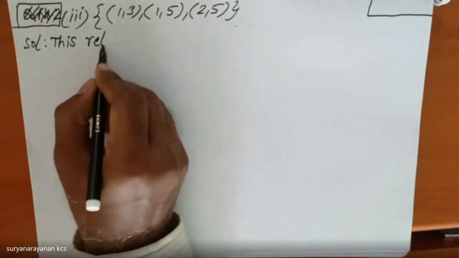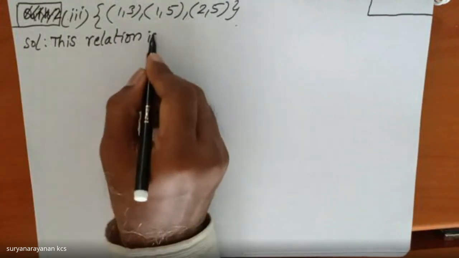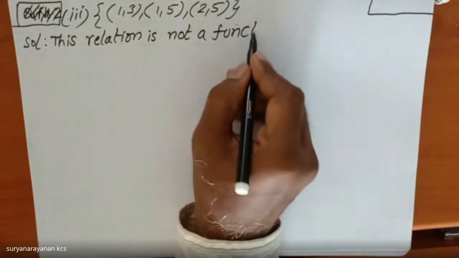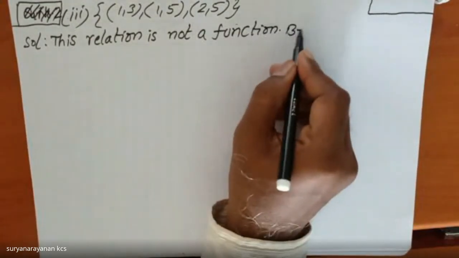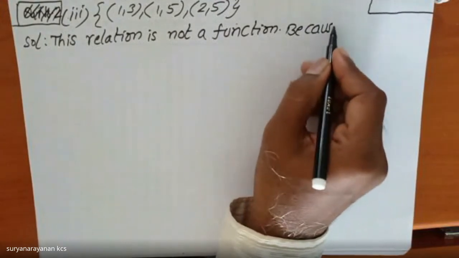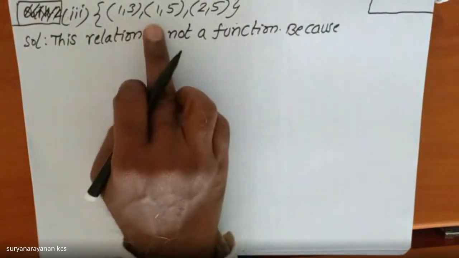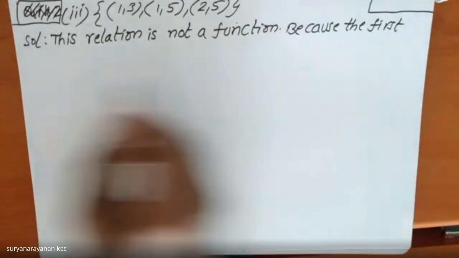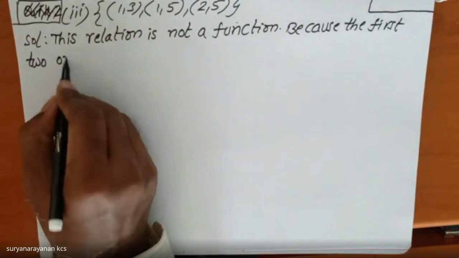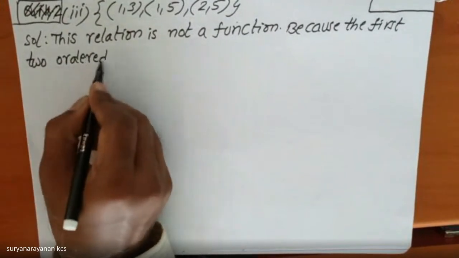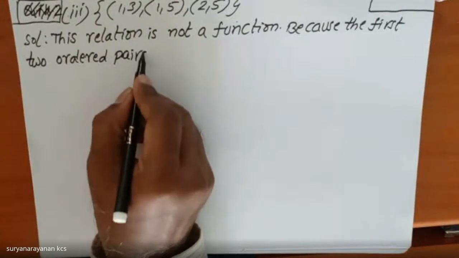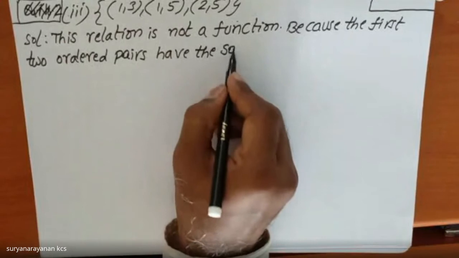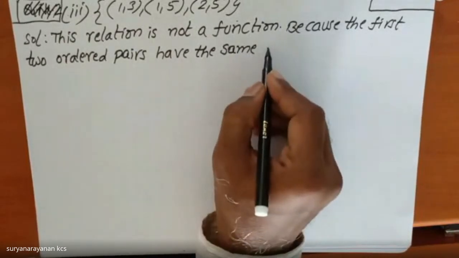This relation is not a function because the first two ordered pairs have the same first element.